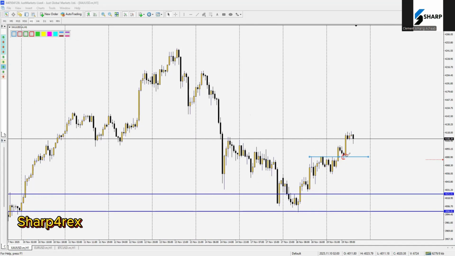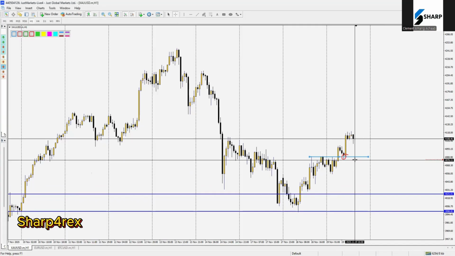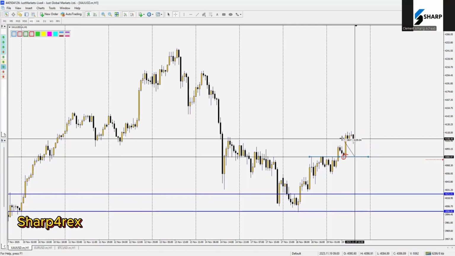Direct entry, it moved. How many pips did it move for you? A lot of pips. If you bring it there from here, wow. We have 400 pips in total. So even if you closed at where it is now, that would have been almost 300 pips.